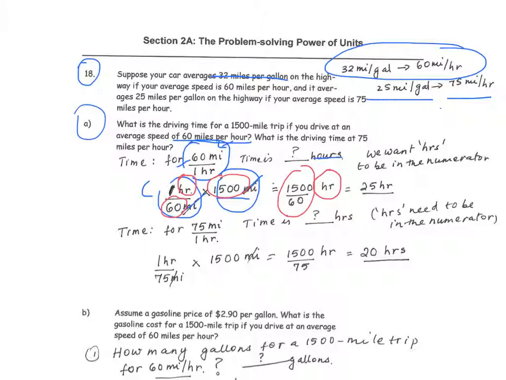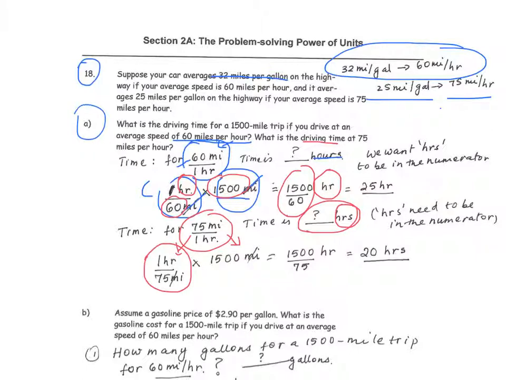Now we can repeat the exact same process because the next question says, what is the driving time at 75 miles per hour? So we have 75 miles per hour and we need to figure out how much time it takes. So our units for the final answer should be hours. So the fraction that we have here, we need to make sure that the hours is in the numerator because we want our final units to be hours. So the only way we can do that is by flipping that fraction.